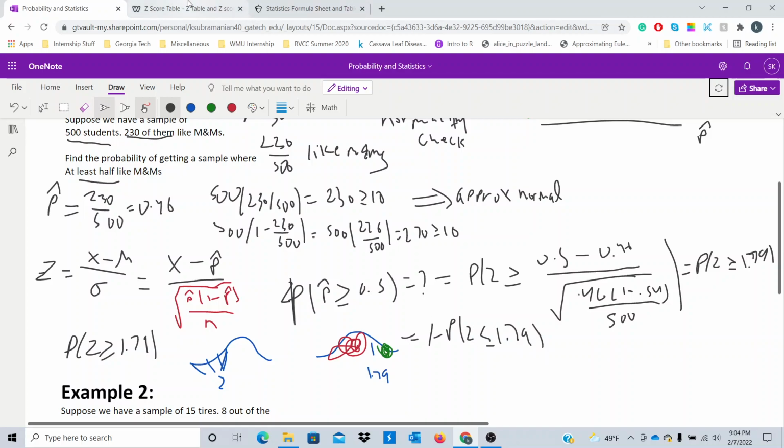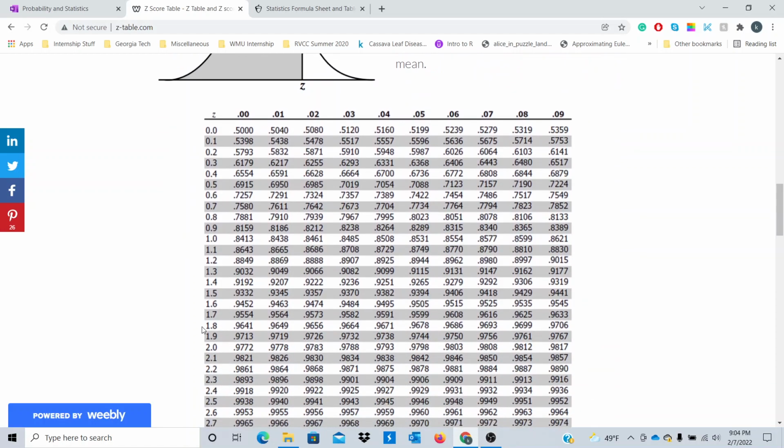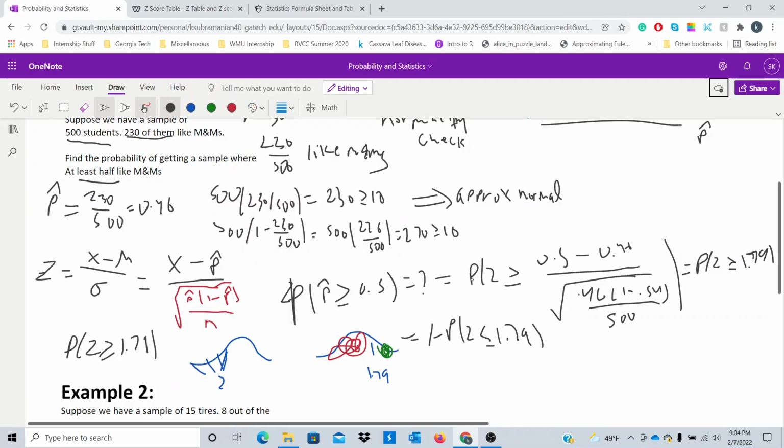So if we look at our z-table, we need to look for 1.79 in our table. So if we go down to 1.7, we go to 1.79, we see that the probability of getting a z-score less than or equal to 1.79 is 0.9633. So this is going to be approximately 1 minus 0.9633, which is approximately 0.0367.